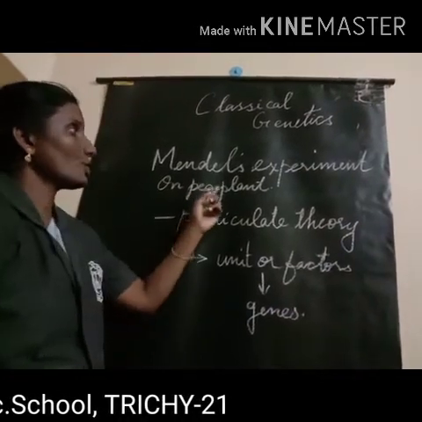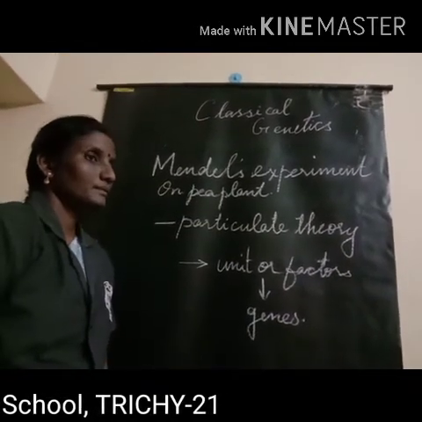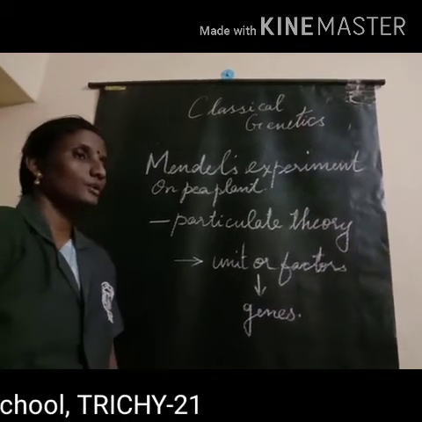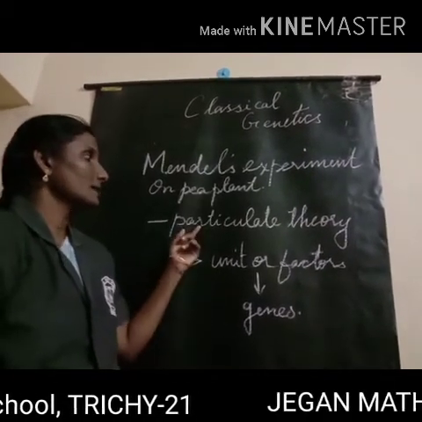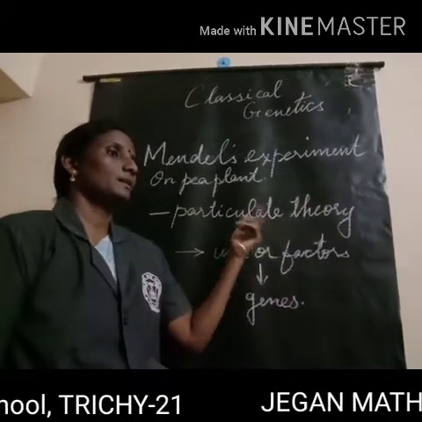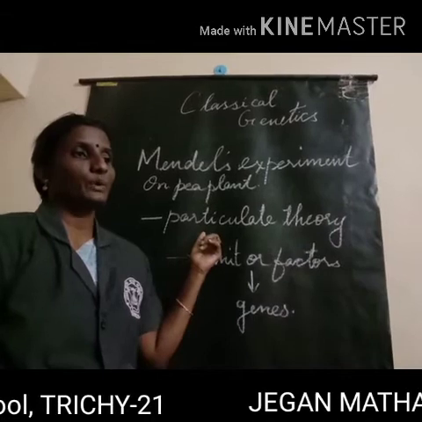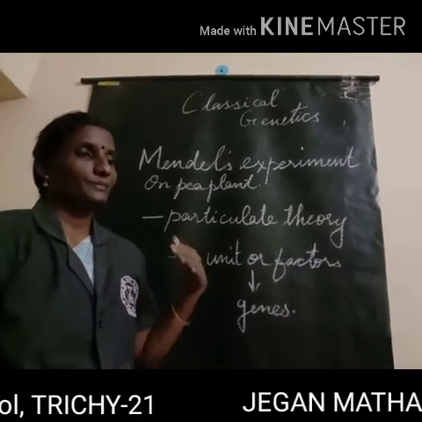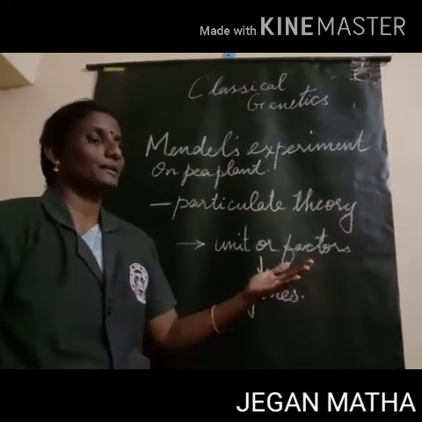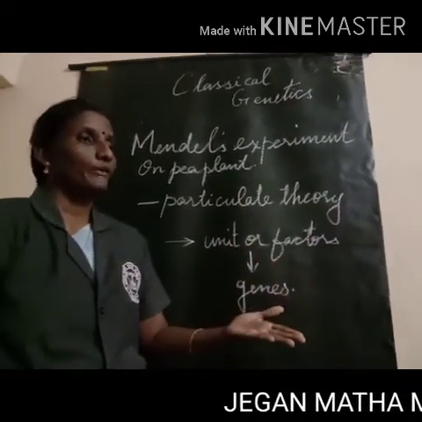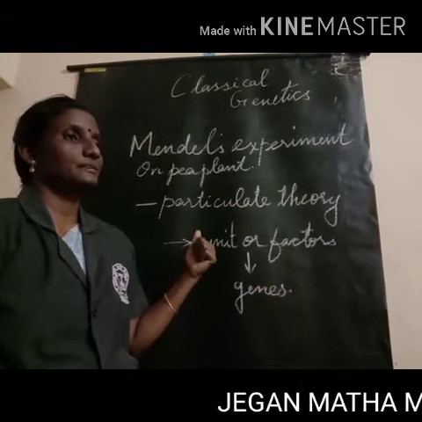Mendel's experiment on pea plant. Mendel's theory of inheritance is known as particulate theory. Inheritance means it is transferred from the parent to the offspring. The character or the gene which is transferred from the parent to the offspring is called inheritance.